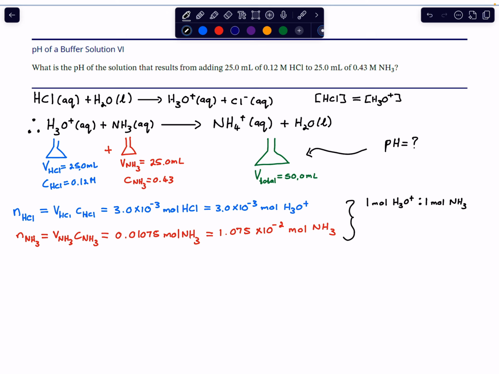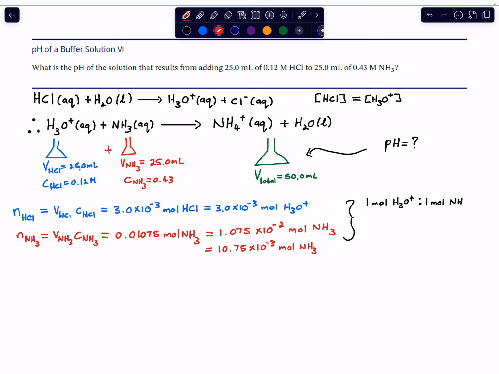And we can see from our numbers there that our ammonia is more. So if we even write it with the same base in scientific notation, then we see we have 10.75 times 10 to the negative 3 mole NH3.